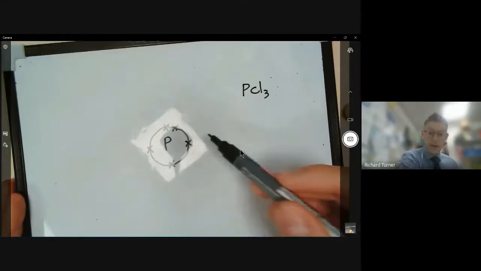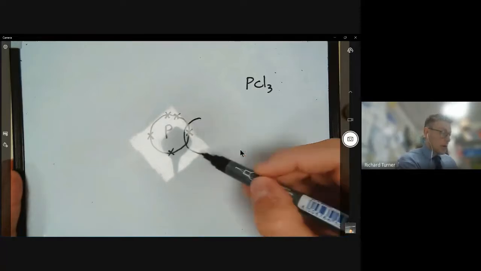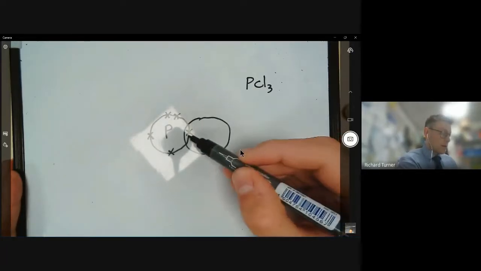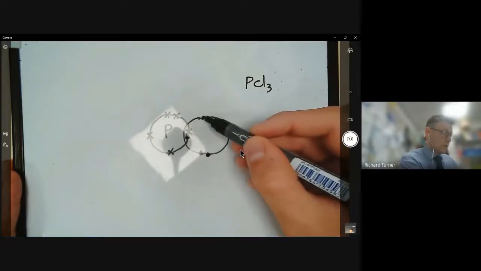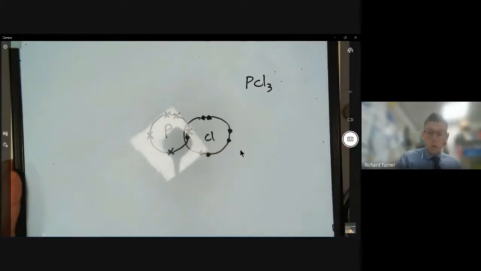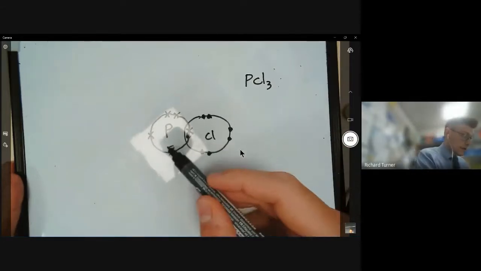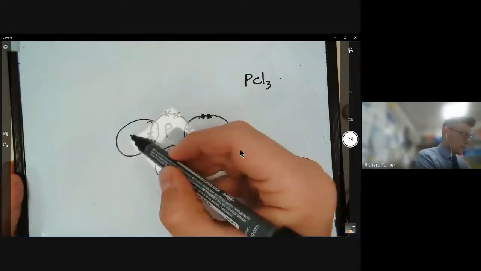Okay, so we know that this is covalently bonded, so I'm going to do a shared pair of electrons. 2, 4, 5, 6, 7. 1 chlorine. Okay, so let's repeat it twice more.